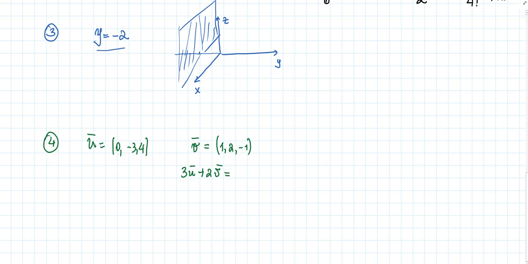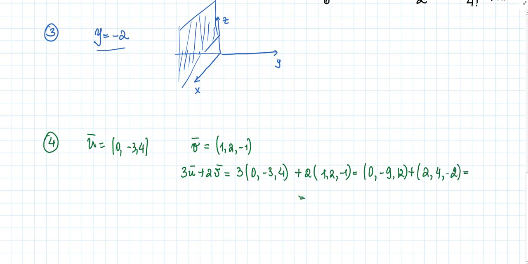And if you add two vectors with the same dimensionality, it is going to be a vector again, right? So when you multiply this 3 by the first vector, (0, minus 3, 4), it means that you just need to multiply all the components of this vector by 3, plus 2 multiplied by the second vector means you need to multiply all the components of the second vector by 2, right? So the first one is going to be (0, minus 9, 12). And the second one is going to be (2, 4, minus 2).